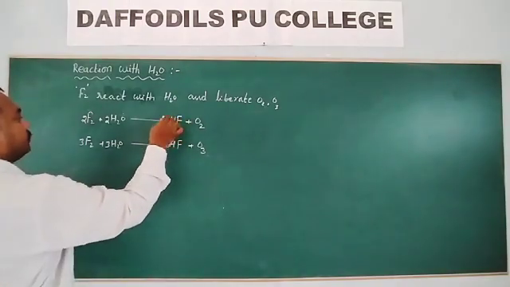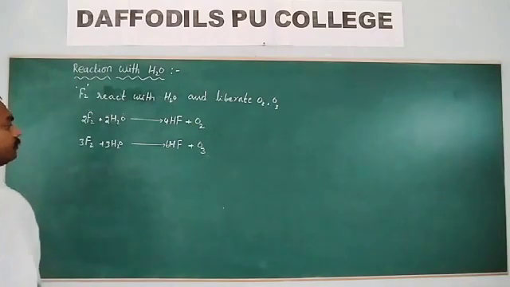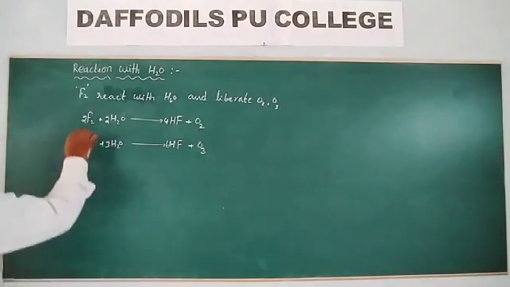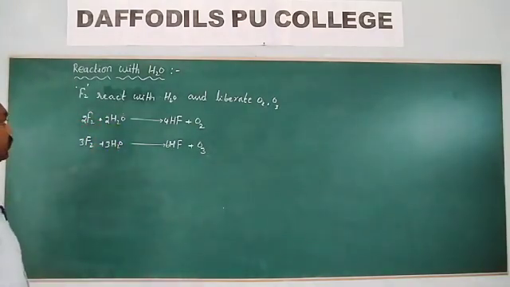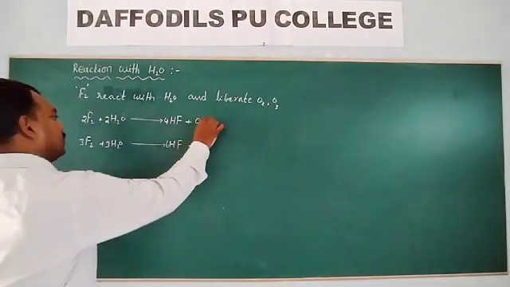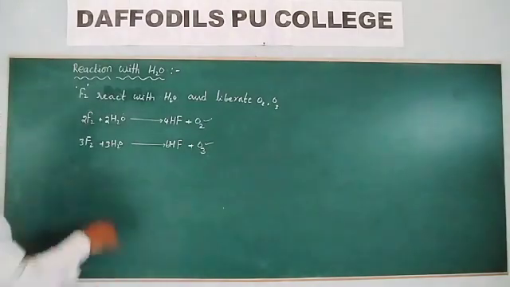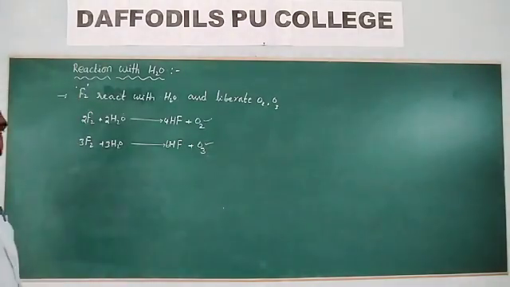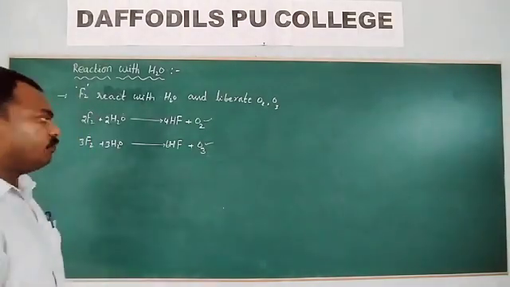So 6HF, 4HF, these are the balanced equations. When fluorine reacts with water, it releases oxygen and ozone. Now look at the reactivity of chlorine with water.